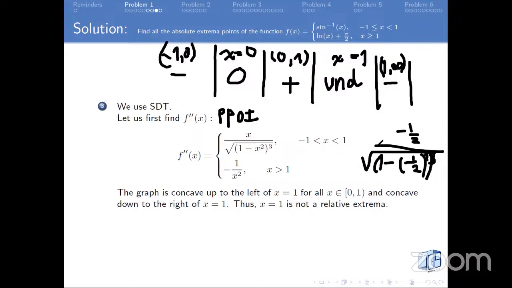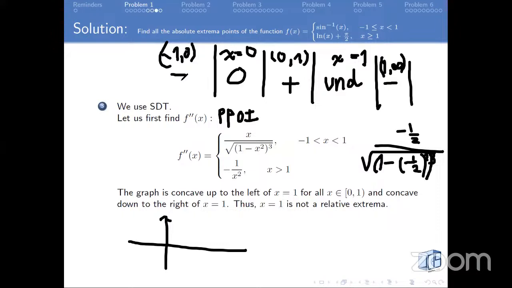So, negative 1/2 over 1 - 1/4, so 3/4. Kung alam niyo yung itsura ng graph, if x equals 0 a critical number, i-recall lang natin na possible point of inflection ang isang x value kung nagiging 0 yung f double prime of x.